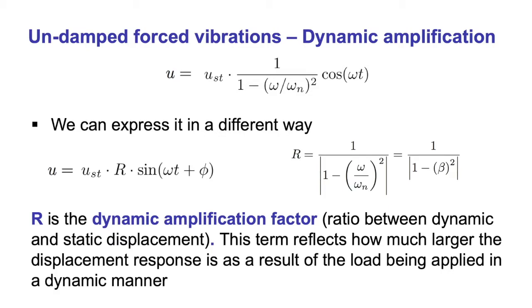In other words, R reflects how much larger the displacement response is as a result of the load being applied dynamically rather than statically. In our case, we are defining R in absolute terms, and therefore any eventual sign difference will be accommodated by changing the original cosine function to a sine function plus a phase phi.